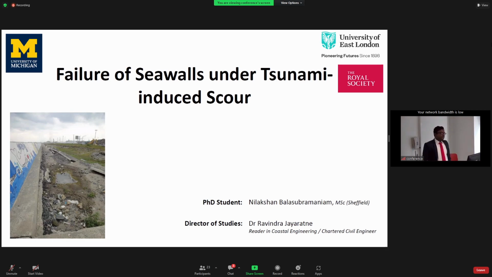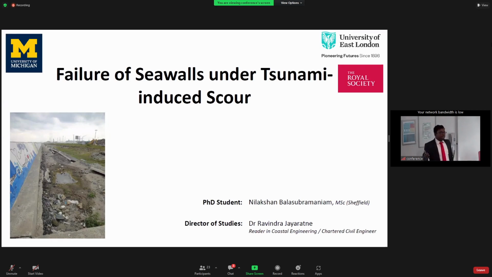Tsunami is one of the major natural disasters known to mankind. After the tsunami incidents in 2004 and 2011, the perception of tsunami changed all over the world. Especially after the 2011 tsunami in Japan, we had several building failures and sea defense structure failures.